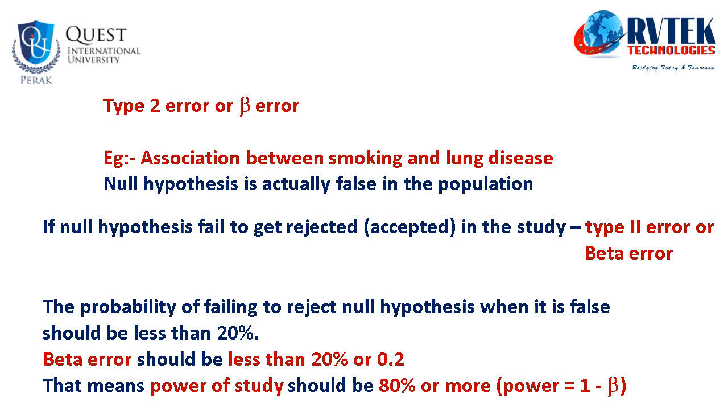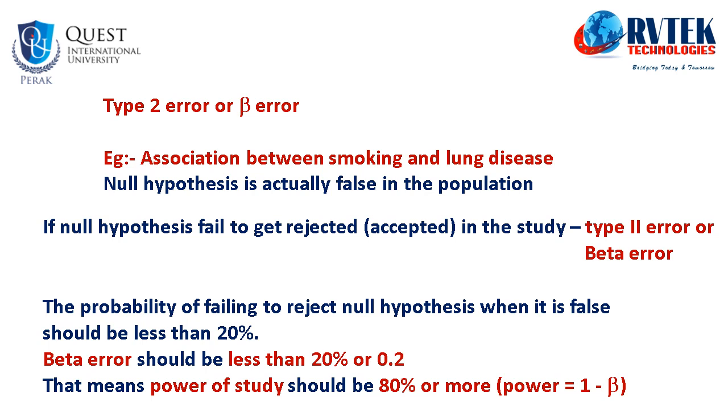Power of study means 1 minus beta. If beta error is 0.2 or 20%, we calculate 20 divided by 100, that is 0.2. If beta error is 0.2, 1 minus beta will be 0.8, right? Power of study should be 0.8 or above.